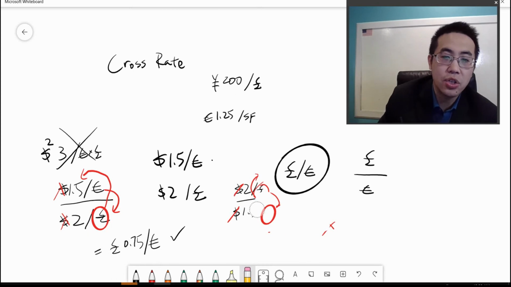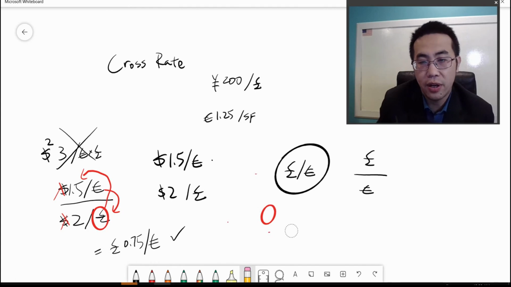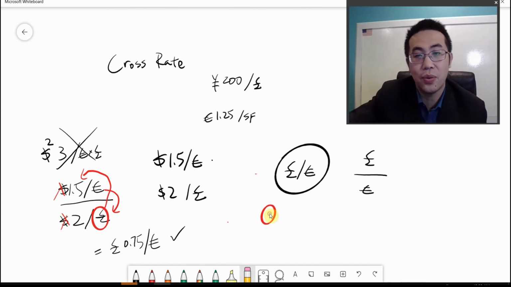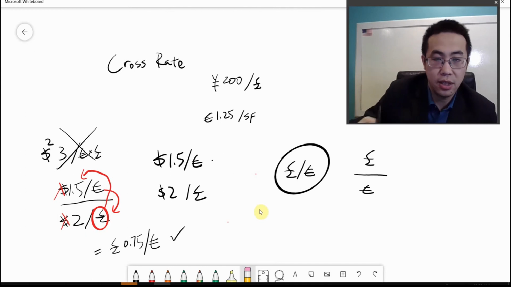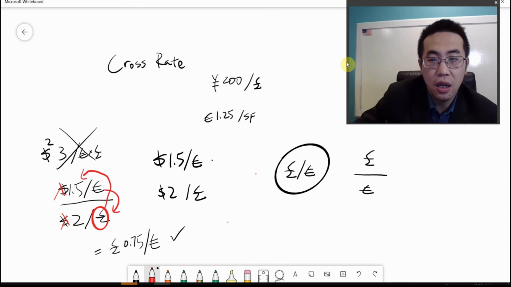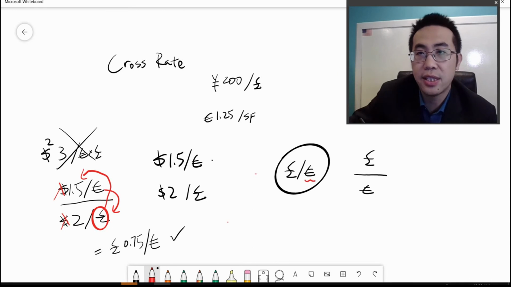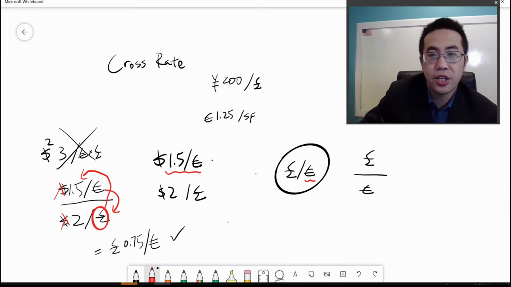But how can we come up with the right way first, before we try both ways and pick out the right answer? You need to make sure that if the euro is on the right of the slash line, then you should put the euro price in the direct quote on the top of the fractional line.